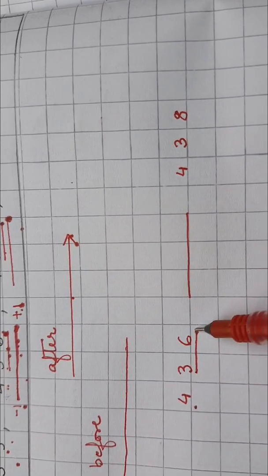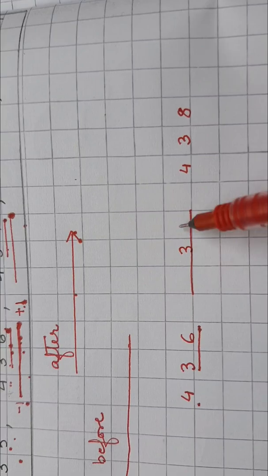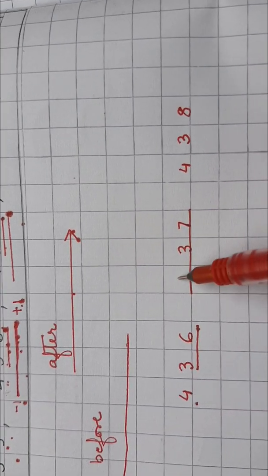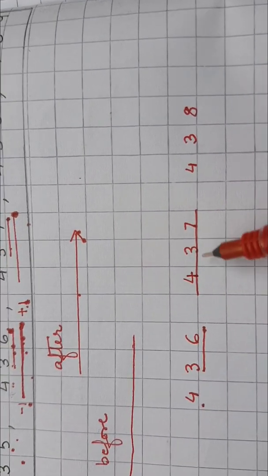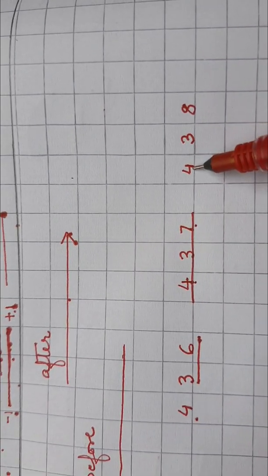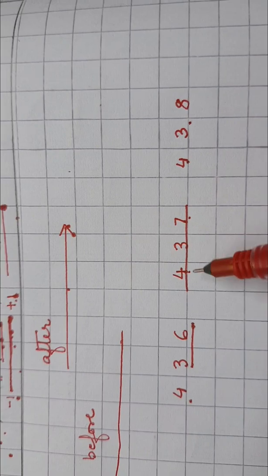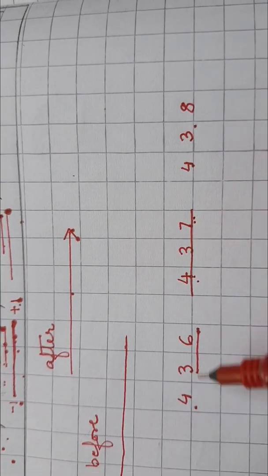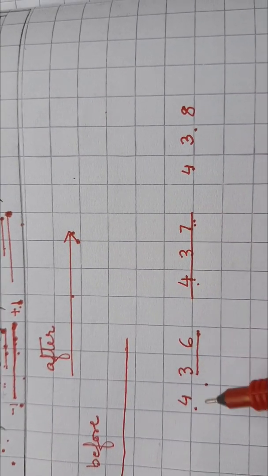What comes after 36? 37. And the 100s digit, that is 4, will remain the same. Now move to the next, 437, then 438. So 437 comes between 436 and 438.